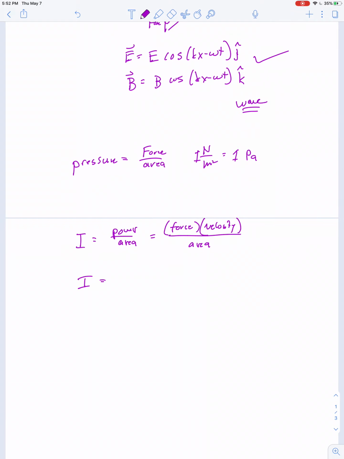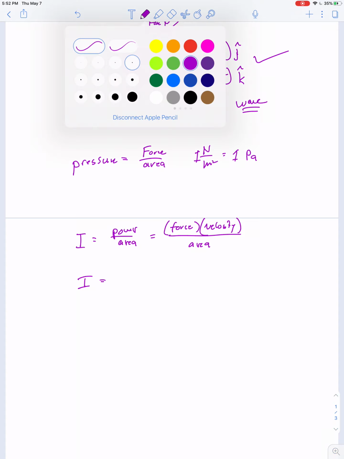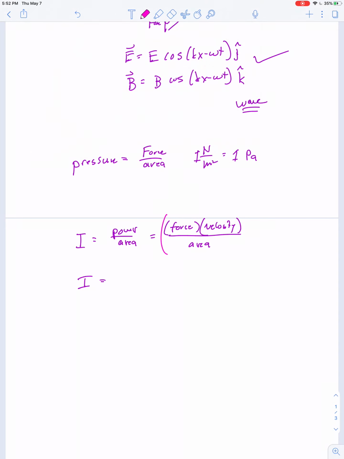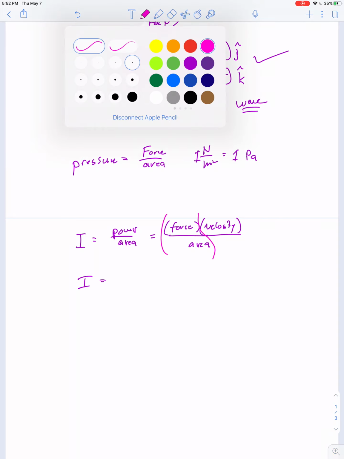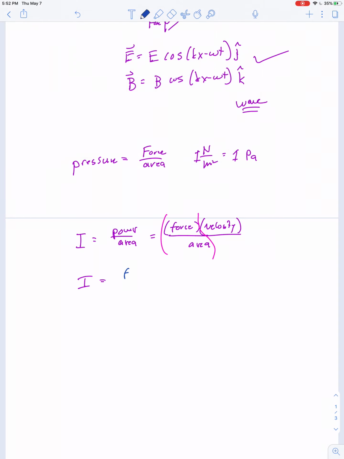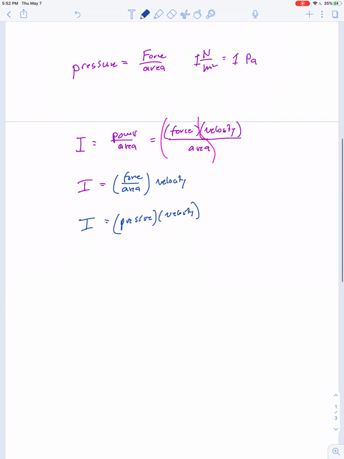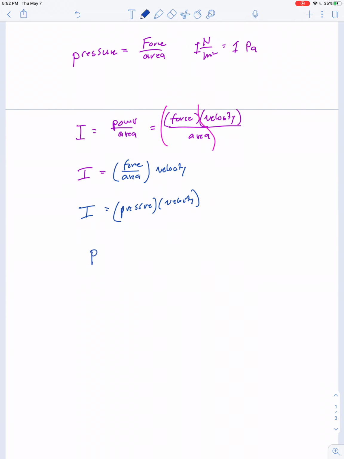We can write it this way. We can reassociate these terms and say intensity is equal to force over area times velocity, which means intensity would be equal to pressure times velocity. That would imply that pressure is equal to intensity over velocity.